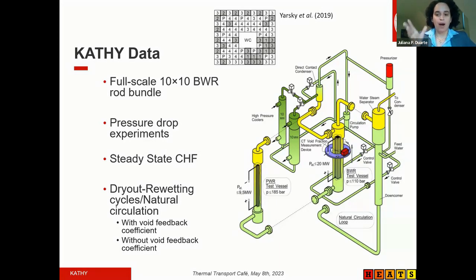And we also had a power profile that represents a boiling water reactor as well. But the actual power profile is proprietary, so we cannot show it. But it was not uniform. We actually had an actual power profile in all of these rods representing a typical boiling water reactor.